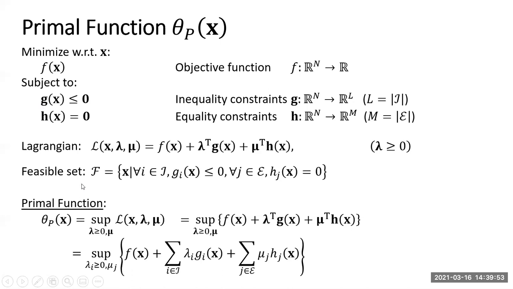So the set of all points with g of x less than or equal to 0 and h of x equal to 0. And this lambda vector must be greater than or equal to 0. Remember that, which means that every scalar component of lambda has to be separately greater than or equal to 0. The primal function is defined as, so any questions about the Lagrangian?